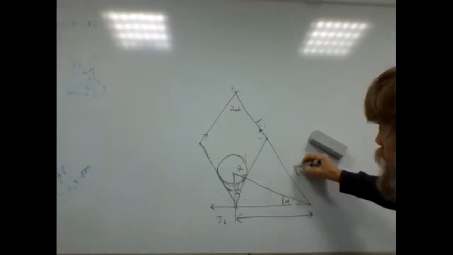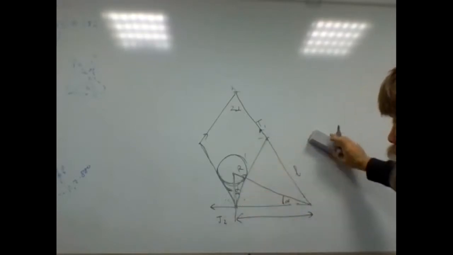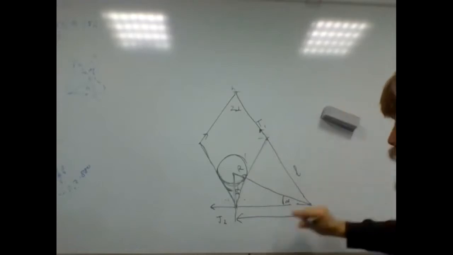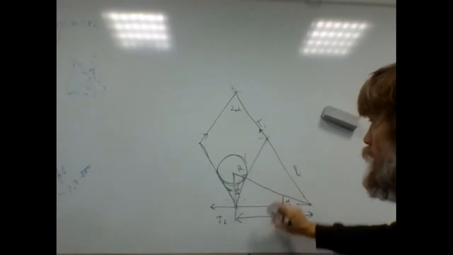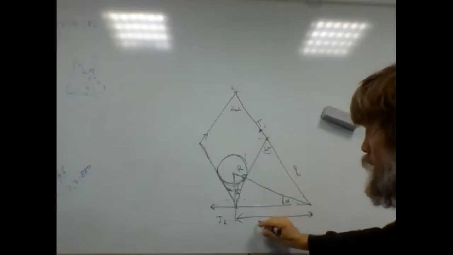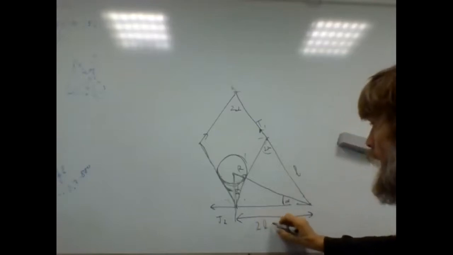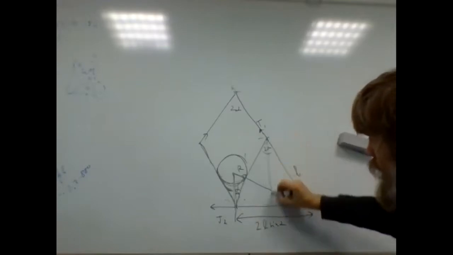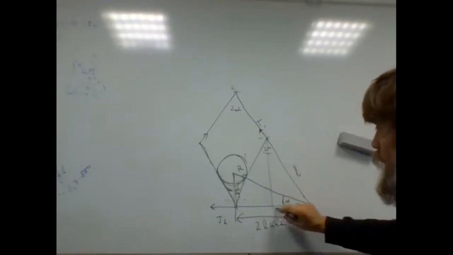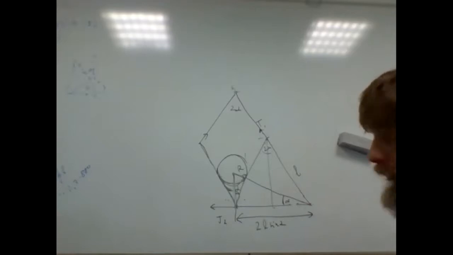The rest is geometry. This side here is L, and so is the one on the right. But this side, from here to here, now that we have 2 alpha, we can write as 2L sine alpha. I draw the height here, and this is L times sine alpha, so from here to here is 2L sine alpha.